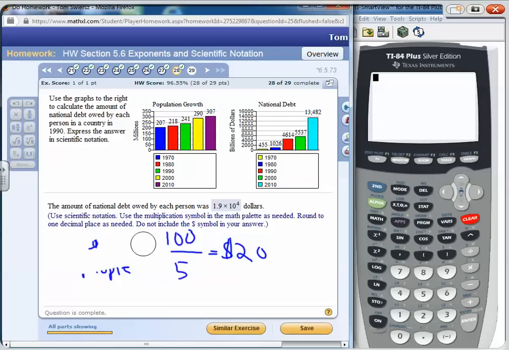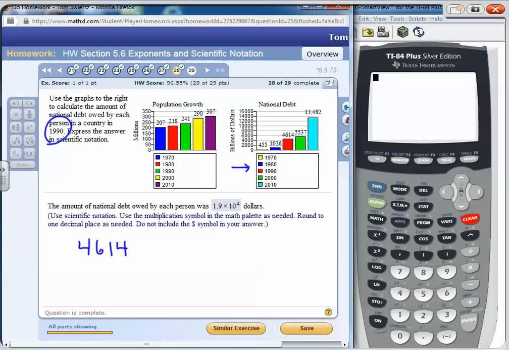So we're going to take the amount of money divided by the amount of people. The national debt for the year 1990 is in red, 4,614, and it is in billions.